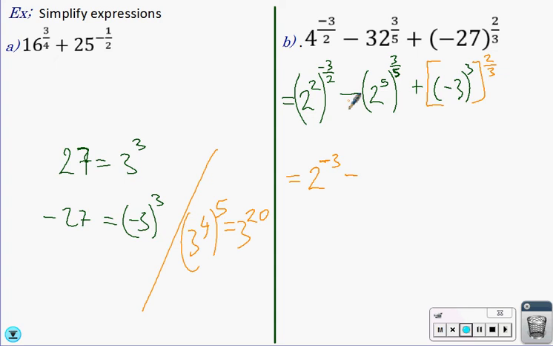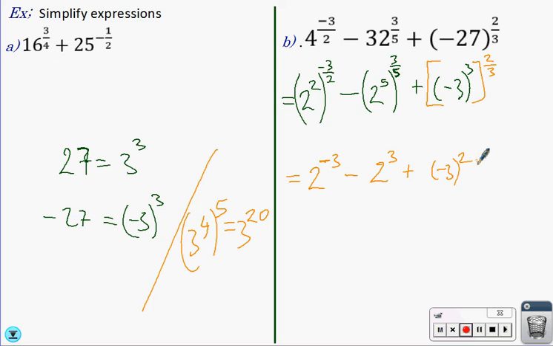So this minus is between them, I just copy. Now I am calculating for the mid part. 5 times 3, 15. 15 over 5, 2 to the power of 3. Now I am calculating for the last part. The base is minus 3. We can't change the base. 3 times 2, 6. 6 over 3 is 2.